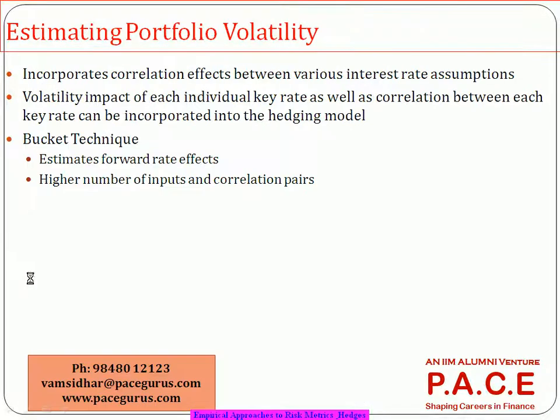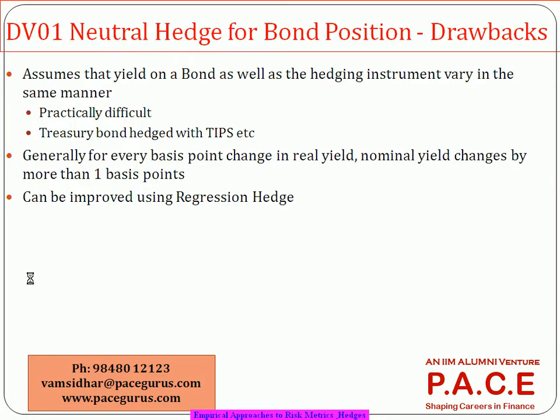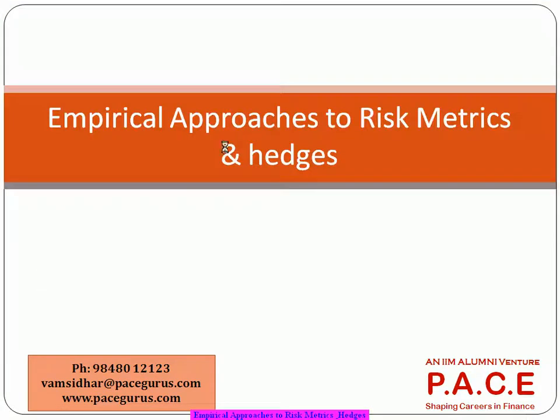But what this model is saying is, overall, historically, what are the yields associated with your hedging instrument, and what are the corresponding yields associated with the instrument, the portfolio, which needs to be hedged.